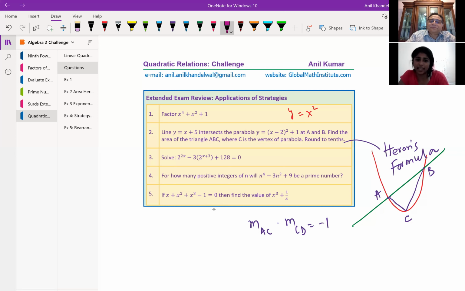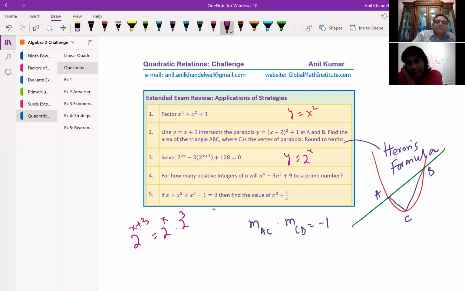In this case, we can see 2 to the power of 2x can be written as (2 to the power of x) whole squared. And then minus 3 times 2 to the power of x plus 3, which is the same as 2 to the power of x times 2 cubed. That is perfect. So if you know that, then that is clear.